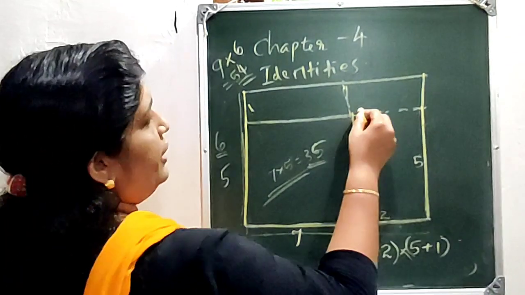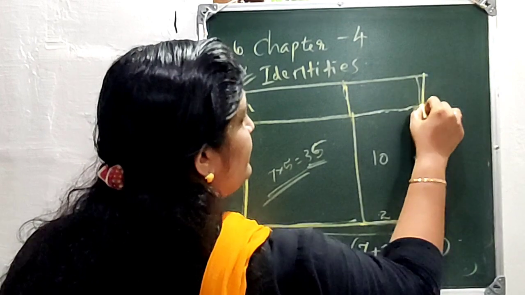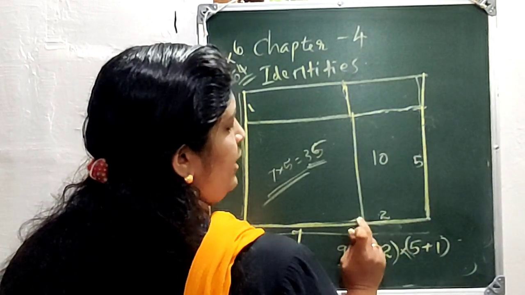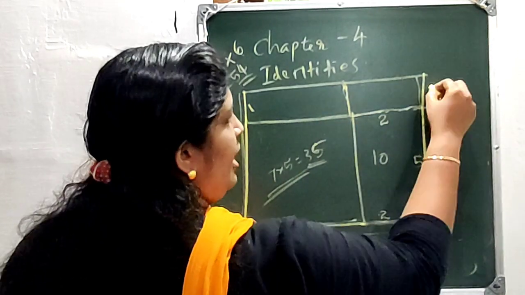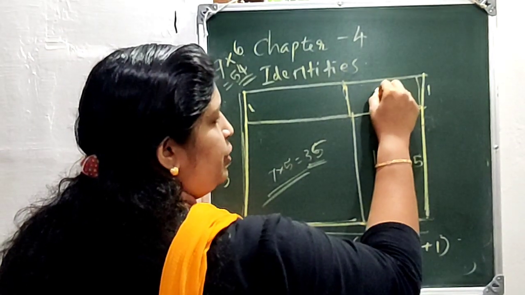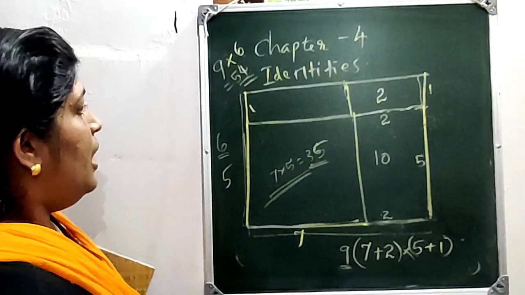Now I find the area of this rectangle. Its length is 2 and its breadth is 1, so its area is 2 into 1, which is 2.